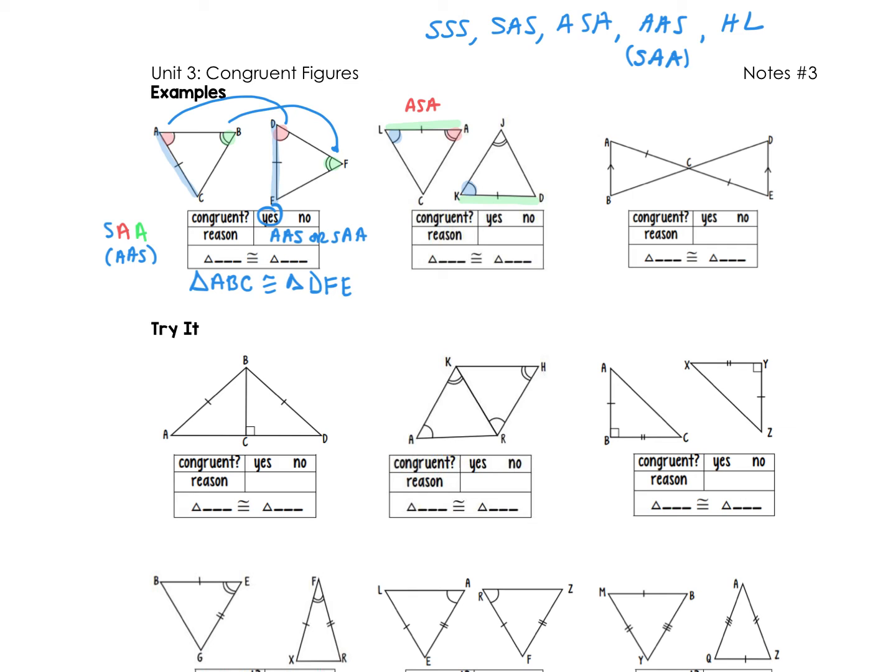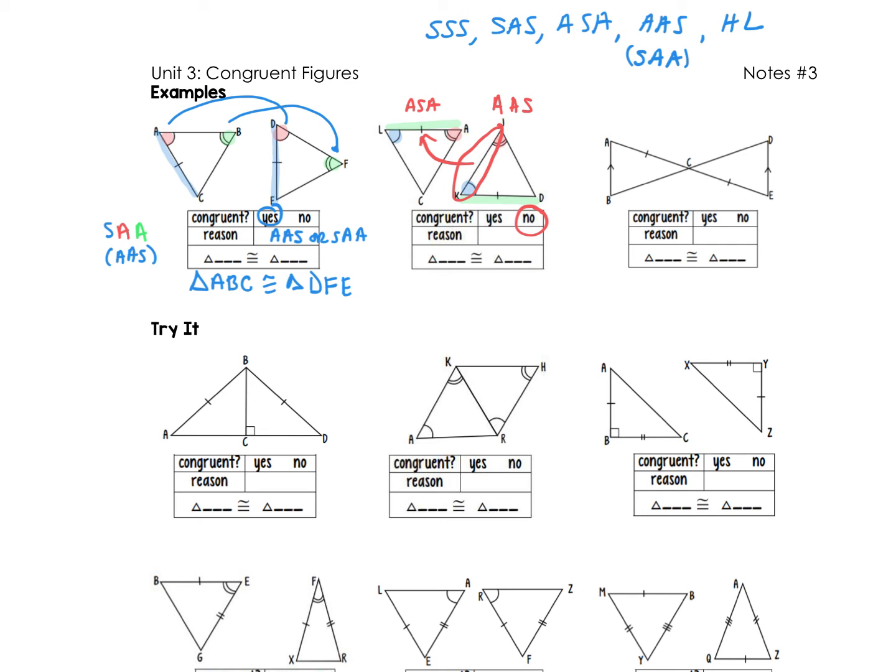In the second triangle it's looking like angle, angle, side. Since the patterns don't match, we have to say no, these are not congruent. Okay, we would need this side to be congruent to that side in order for these two triangles to be congruent. So if you get no as an answer, then you're done. Move on to the next one.